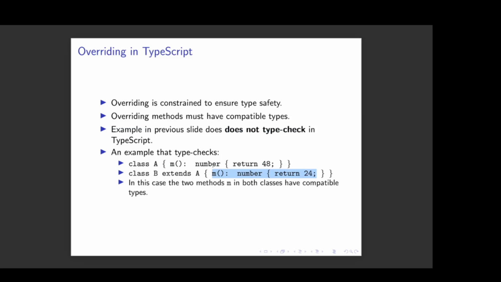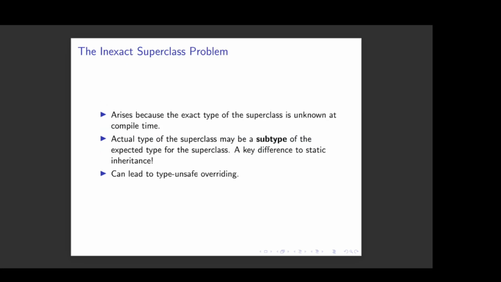Okay. So now we can finally move to this inexact superclass problem. So what is this problem about? This problem, as we shall see, arises because the exact type of the superclass is unknown at compile time.